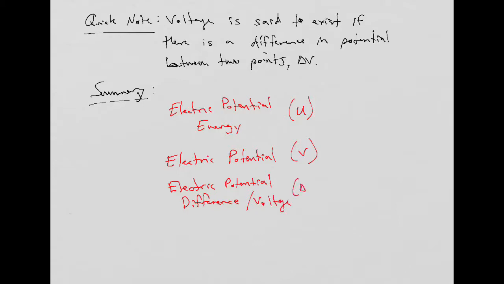And that is delta V. Once we start talking about circuits and leaving point charges behind, we will drop the delta and just say that voltage out of a battery, for example, is V. I think we did that in lab today. But for now, let's leave delta so that we get familiar with the fact that it's a change in potential between 2 points.